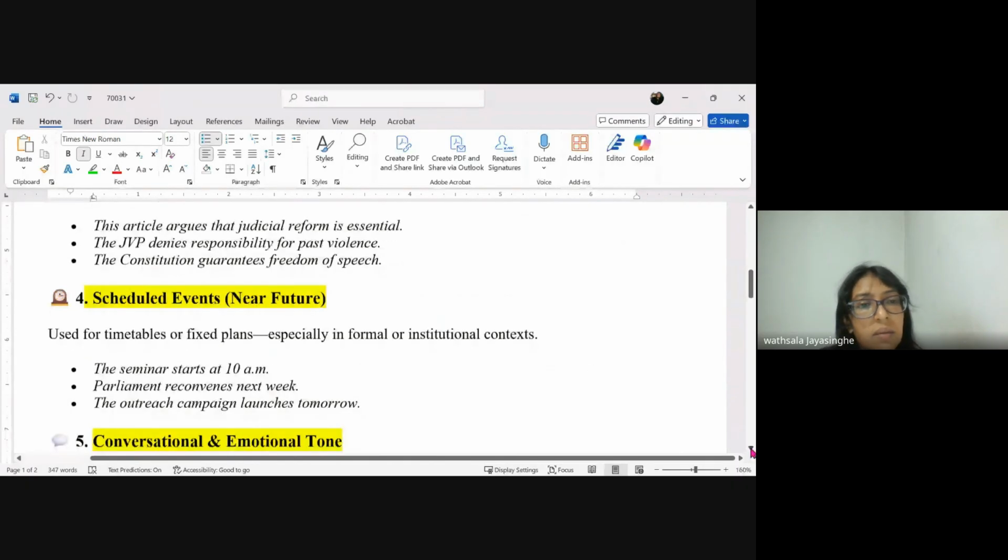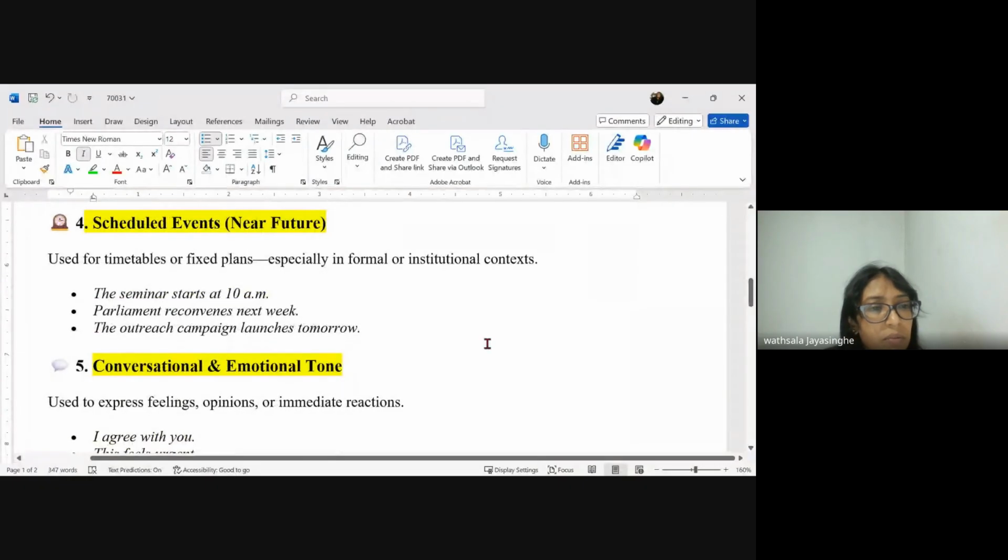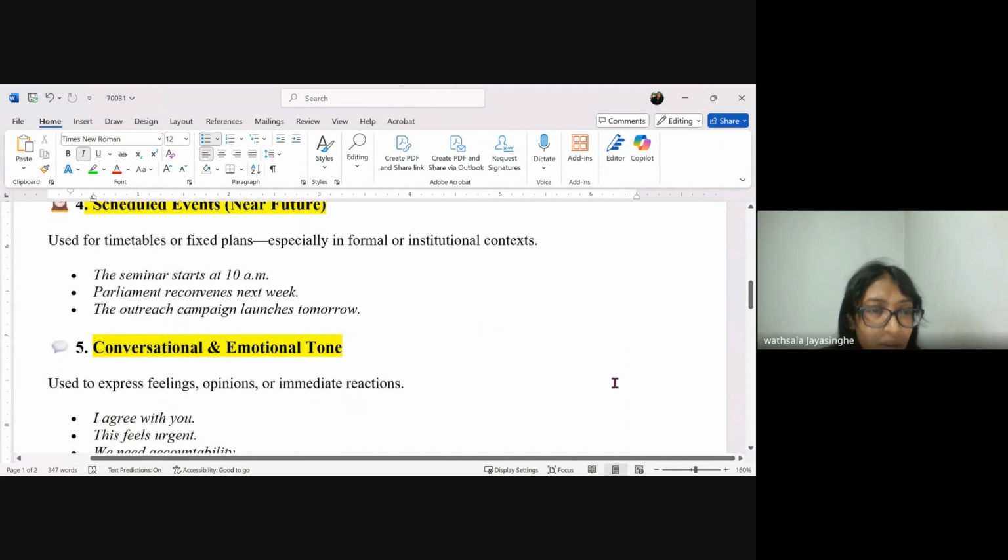Scheduled events, used for timetables or fixed plans, especially in formal or institutional contexts. The seminar starts at 10 a.m. Parliament reconvenes next week.